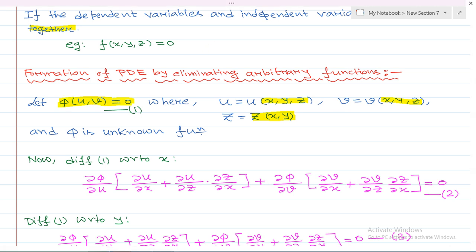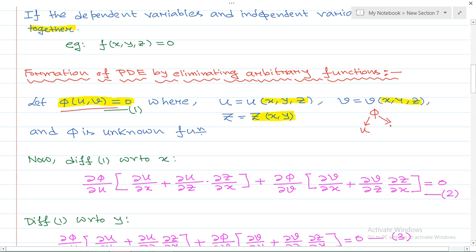Now phi is the unknown function that we have to eliminate from this relation to form the partial differential equation. Before we take the partial derivative, let us try to understand the chain rule for this kind of differentiation. Here, phi basically depends directly on two functions, one is u, another is v, right?